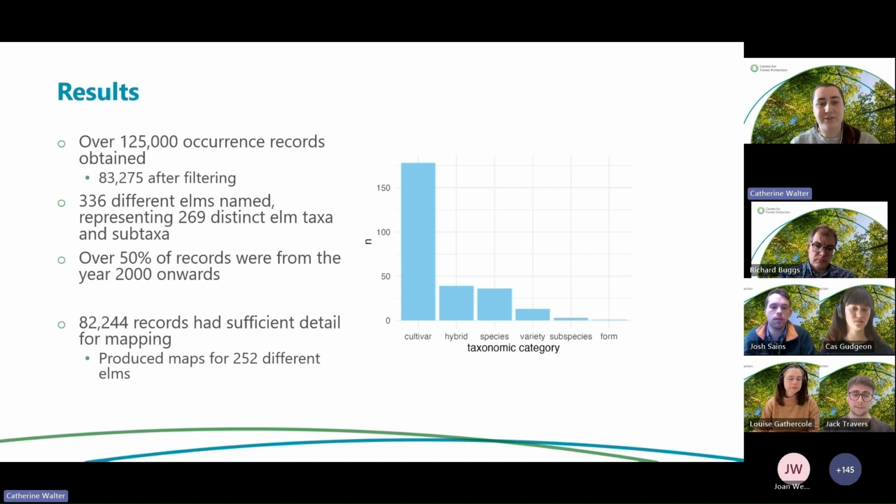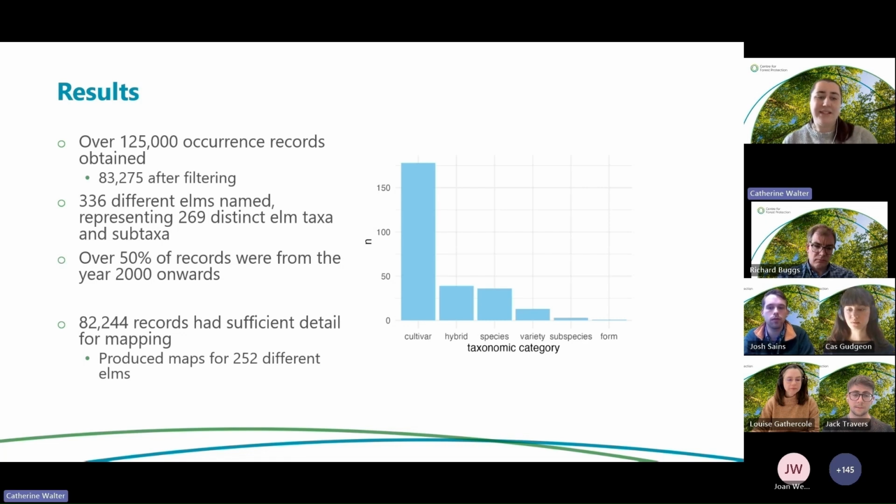You can see from the graph on the right that the majority of these were cultivars, but there was also a large number of hybrids and a large number of species, considering the number of non-native species that have been planted. Although I think the first record was from 1794, over half of the records were from the year 2000 onwards, which indicated that the data was representative more of the current state of elms rather than a historical relic.